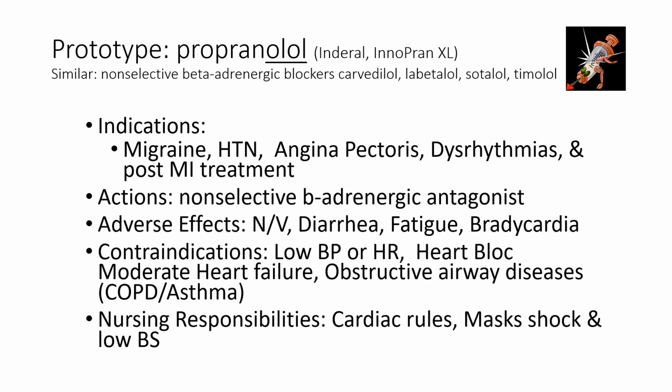Well, if you're on beta blockers, it's going to block the norepinephrine and epinephrine from doing that. So it can mask a hypoglycemic event in an insulin-dependent diabetic. So we wouldn't use a non-selective beta blocker in a diabetic for that reason, because it's going to block the effects of low blood sugar, which is going to be their warning sign that something is going wrong.